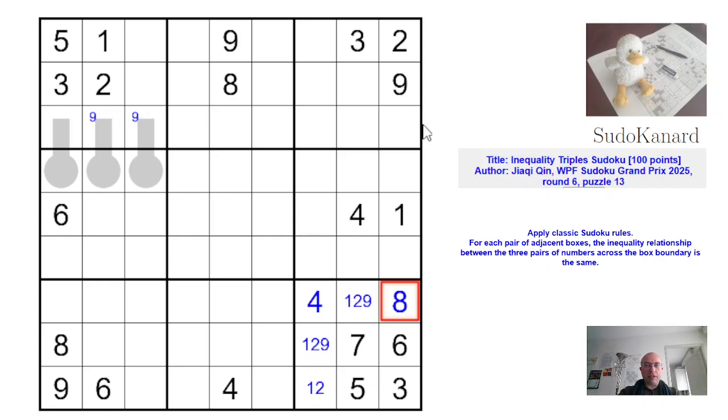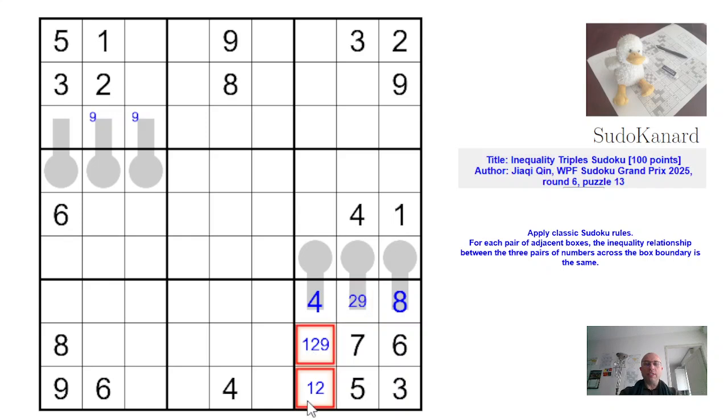And now we know, because of this 9, that this can't be an ascending thermometer. So the inequality is in this direction. And so this can't be a 1 anymore.